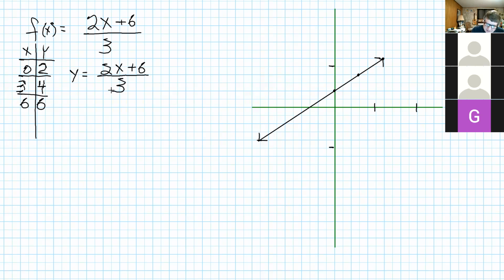Okay. Now we're going to interchange x and y. So all my y's become x's and all my x's become y's. So x equals 2y plus 6 over 3. I know this is painful for you.